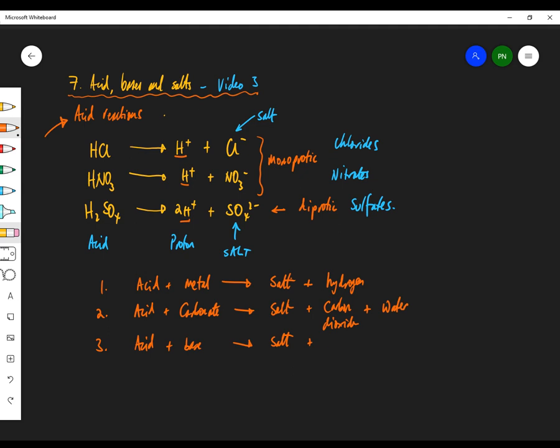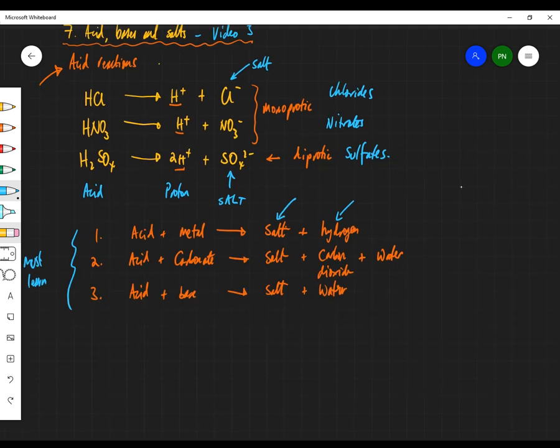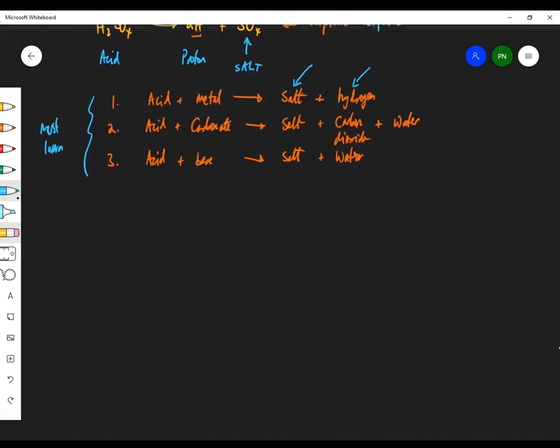And acid plus base is going to give salt and water only. So these 3 acid equations are the things you must learn. You've got to remember they give a salt, and you've got to remember the other products as well. So let's have a look at 2 or 3 examples.